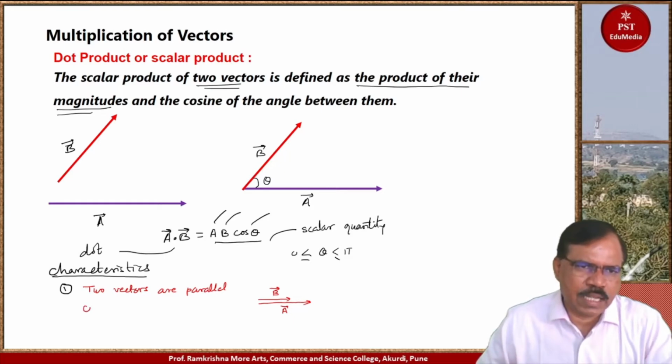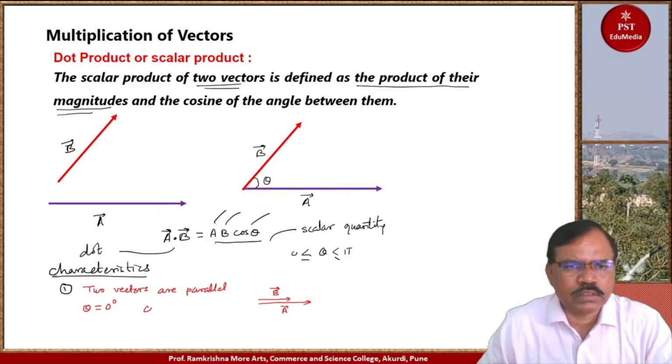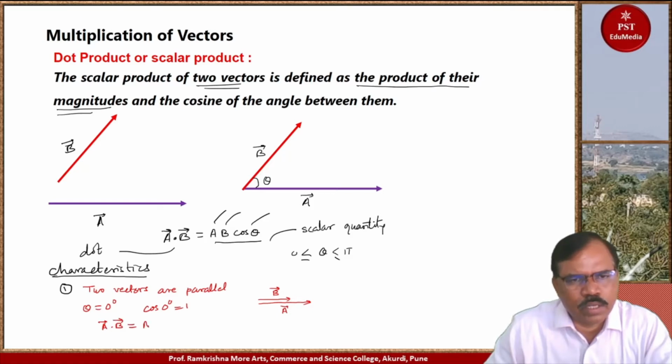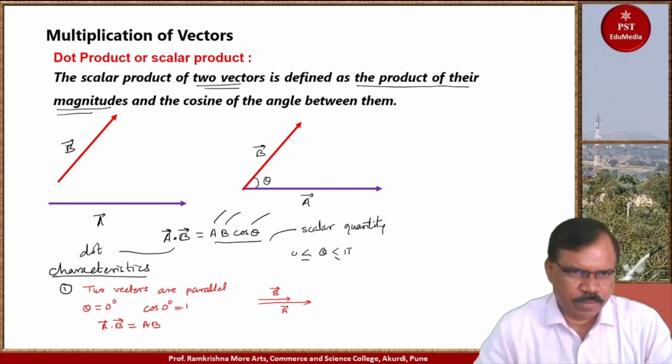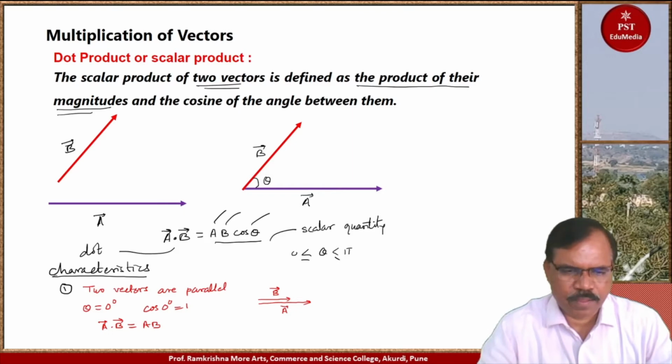What is theta? Theta is 0 degree. Cos 0 degree is 1. So we get A dot B equal to AB, magnitude of A into magnitude of B.